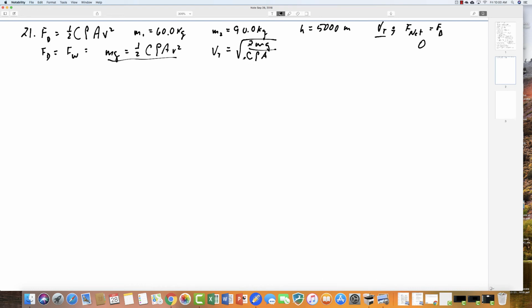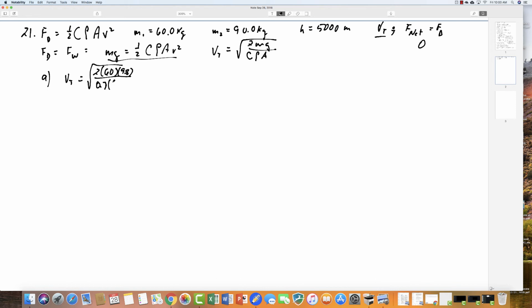And so for the first guy, the 60 kilogram guy, Vt is going to equal the square root of 2 times 60 times 9.8 divided by c, and if you look this up in the table, it's 0.7, and it gives you the cross-sectional area.